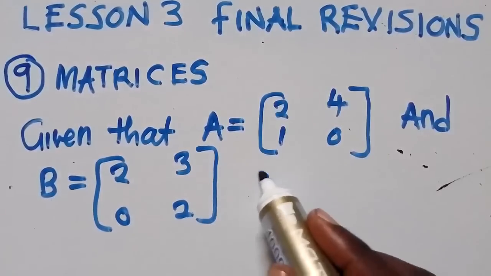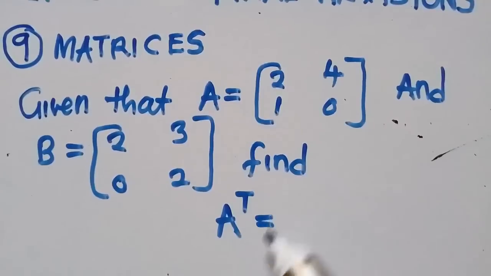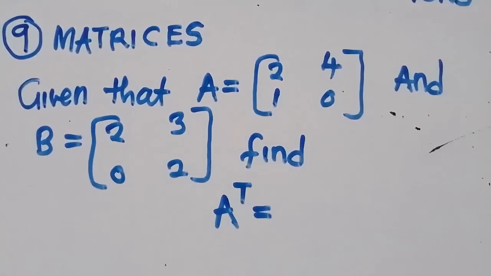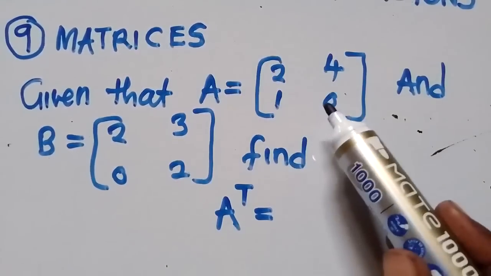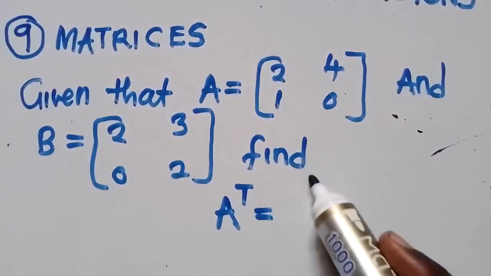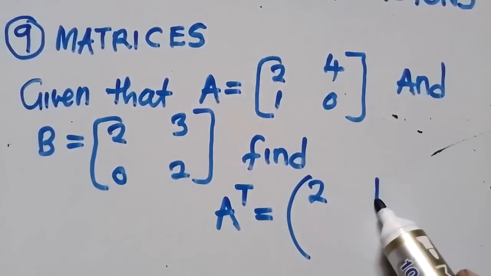Then the first question: we are told to find A transpose, A power T. Any question where you see A power T, you are just told to find the transpose of that matrix. How do we find the transpose? This is where you change columns to rows. You are given A. This column will become a row, 2, 1.